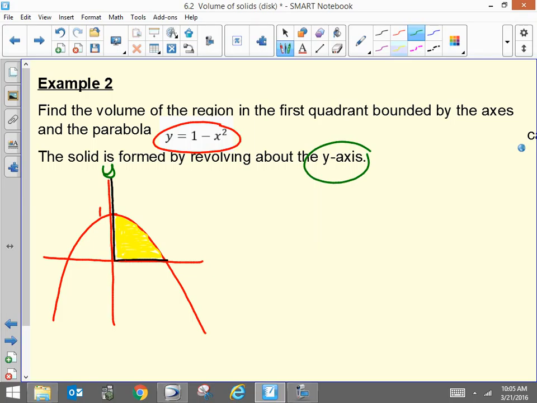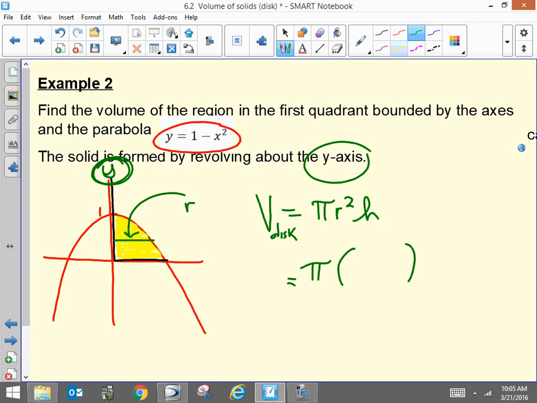Okay? All right, so I have to be perpendicular to my axis, so I gotta go this way with my R. Okay? So, volume, pi R squared H of a disk. Okay? Pi. What's my R? Let's see.